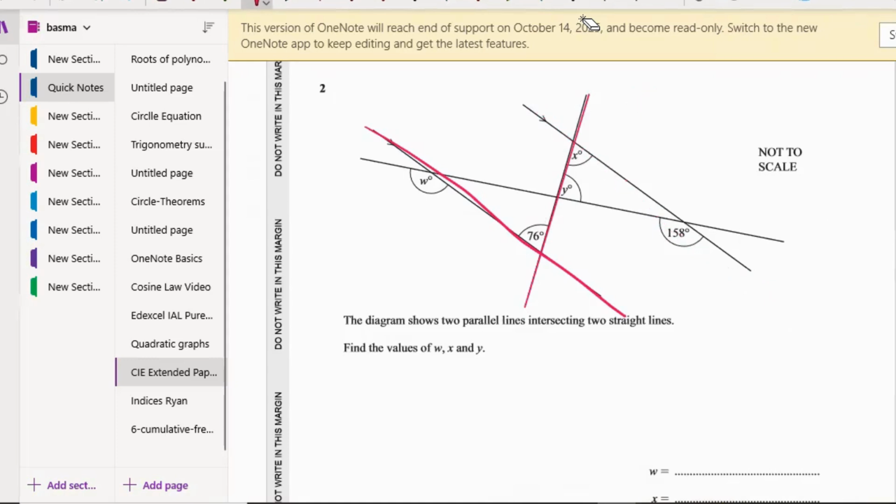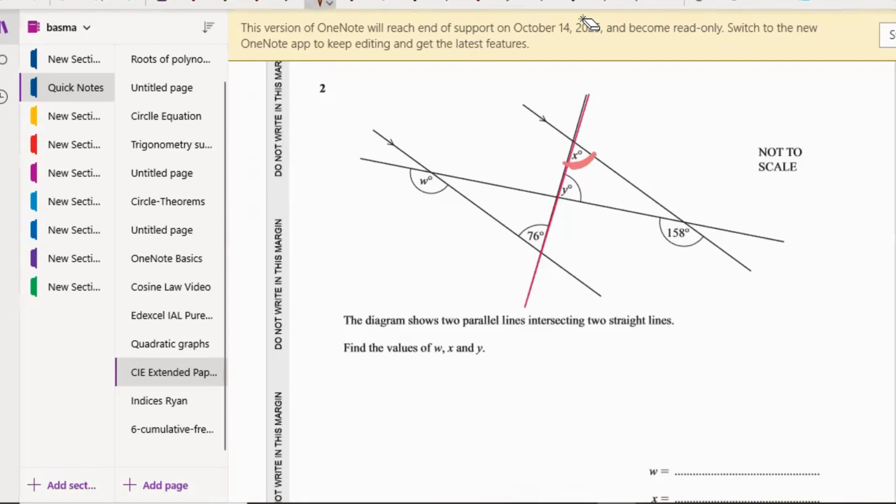First of all, look at this line, this pink line. If you notice, the angles inside the parallel lines must be on the opposite sides of the transversal line, like this x.